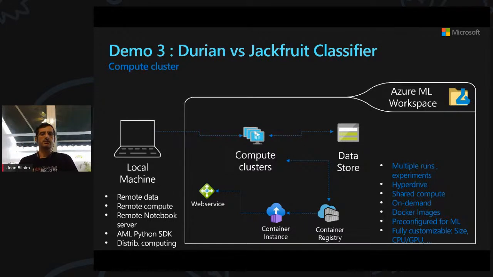Now, I want to go beyond that because I want to run multiple experiments. I want to be able to scale up and scale down the amount of cluster. I want to be able to submit a large experiment that involves multiple machines.